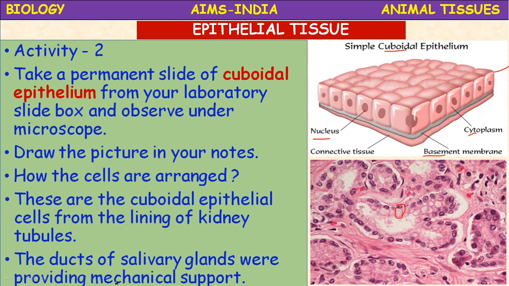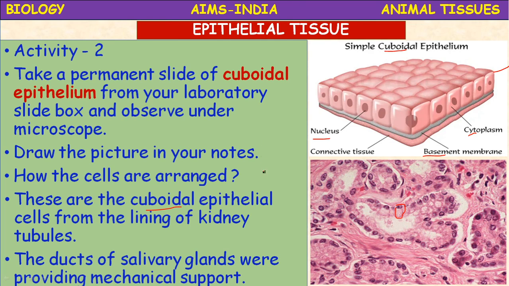Please note down: cuboidal epithelium cells form the lining of kidney tubules. Kidney tubules are called nephrons, and its main functions are secretion and absorption. Even we can find the cuboidal epithelium in the cells of microvilli.